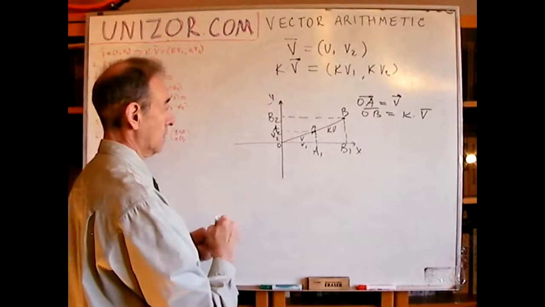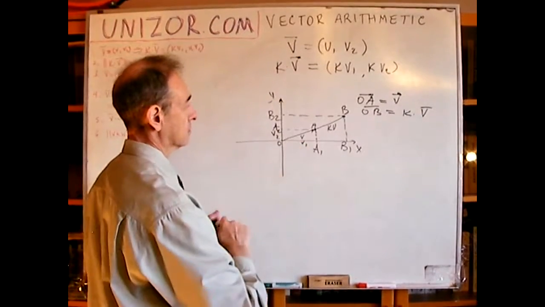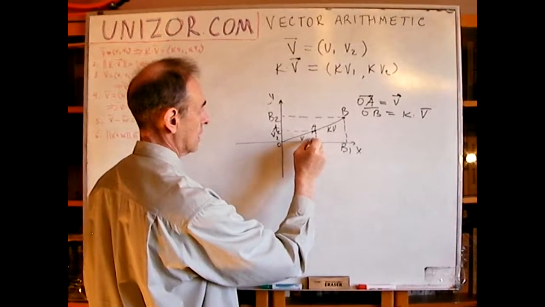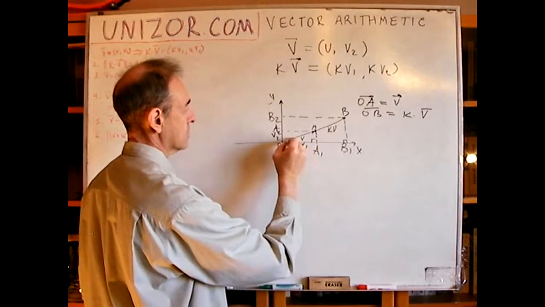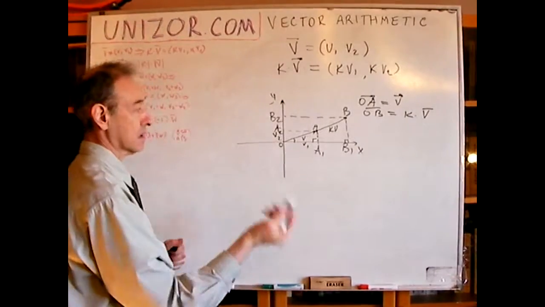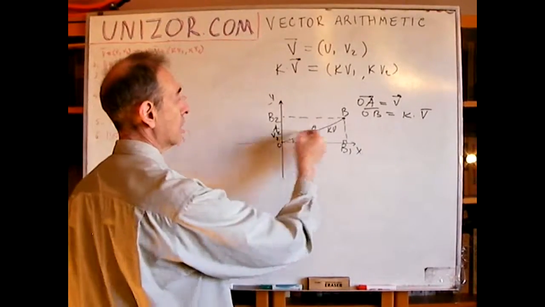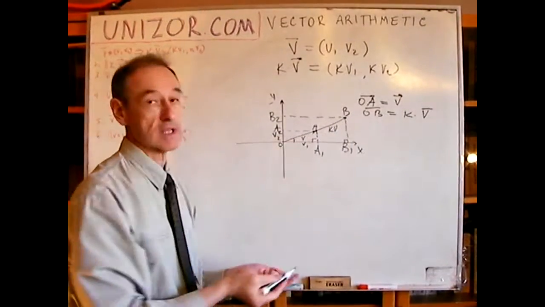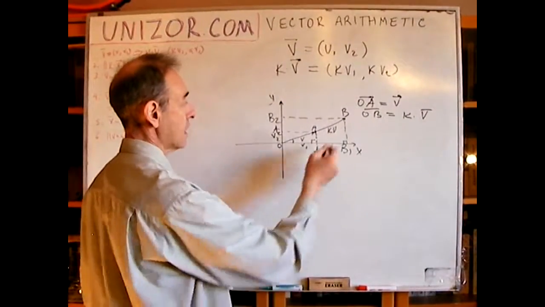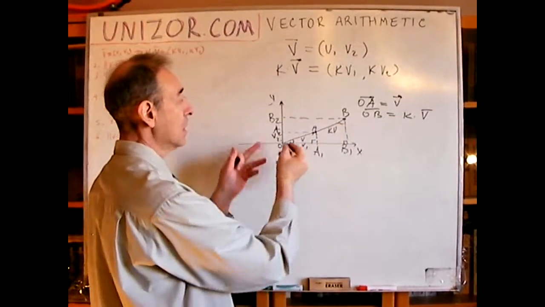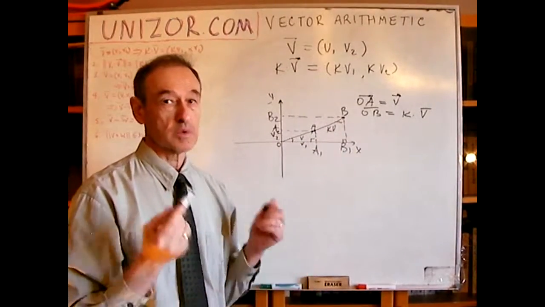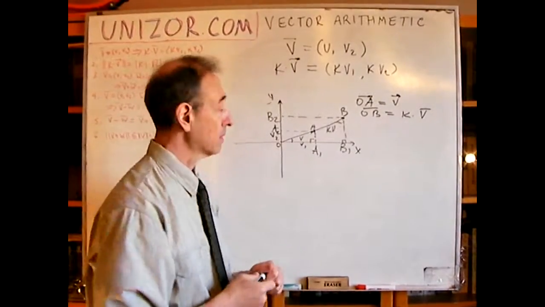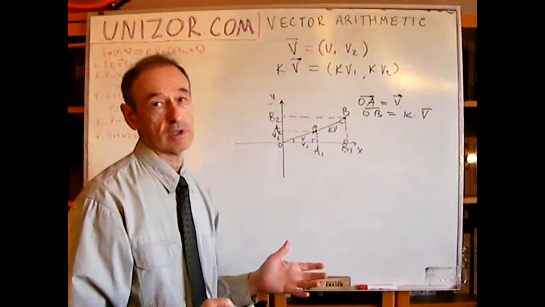Because these are right triangles, since this is a right angle. Now, this angle is retained, it's common, it's shared, because when we multiply the vector by some number, we retain direction. Direction is an angle, so the angle is exactly the same, which means the other angle is also the same. So two right triangles with the same angles are obviously similar, which means that everything is proportional.